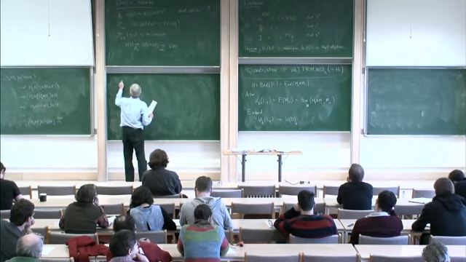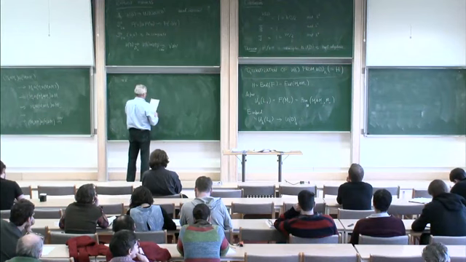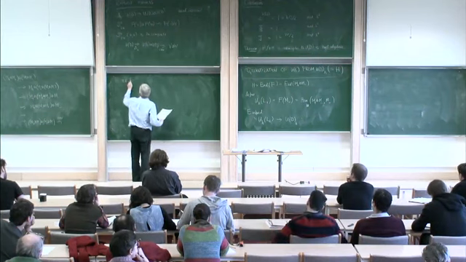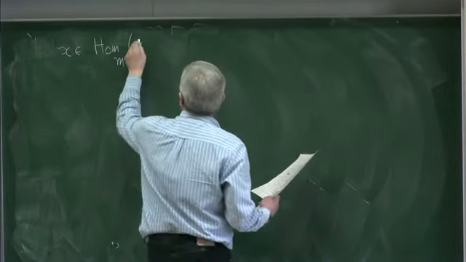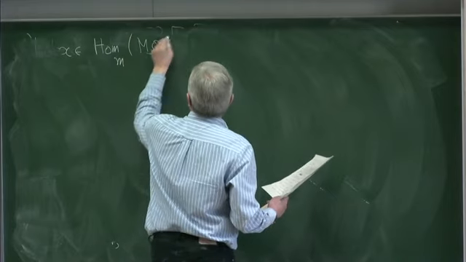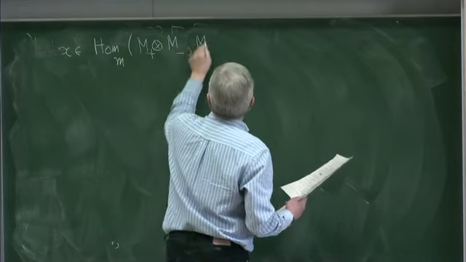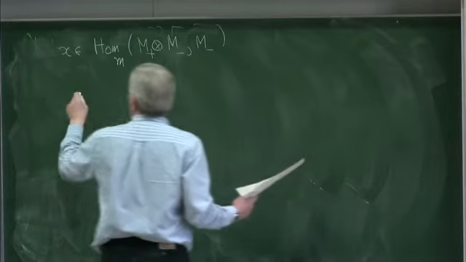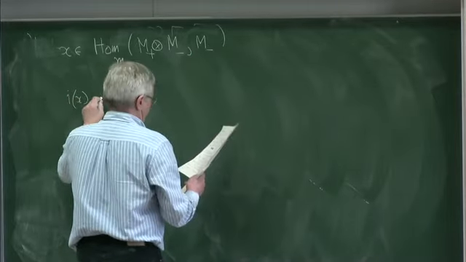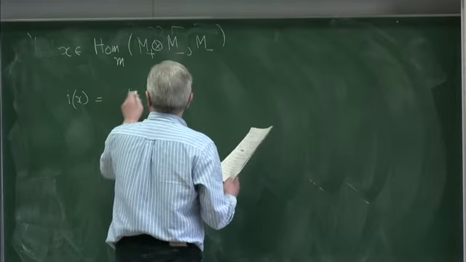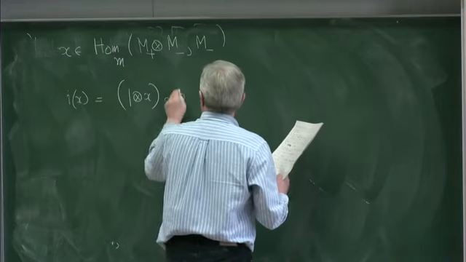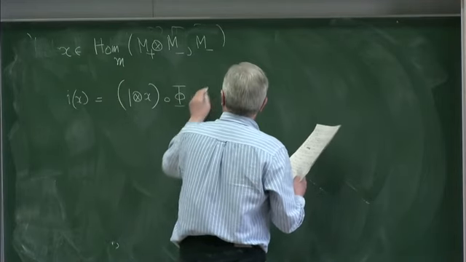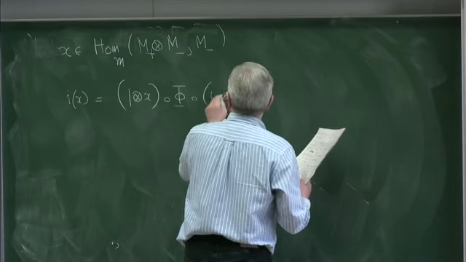So if I've got x in Hom from M plus tensor M minus into M minus, then I form I of x as 1 tensor x composed with phi composed with I plus tensor 1.